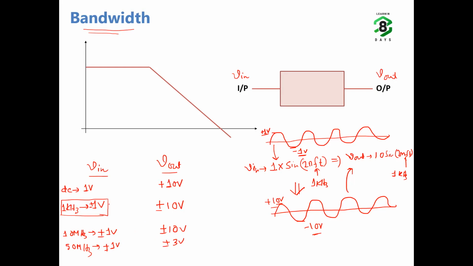So essentially I saw that up to some point, if I compute the gain now, and I am defining gain as V out by V in, meaning output voltage divided by input voltage. Gain equals V out by V in.